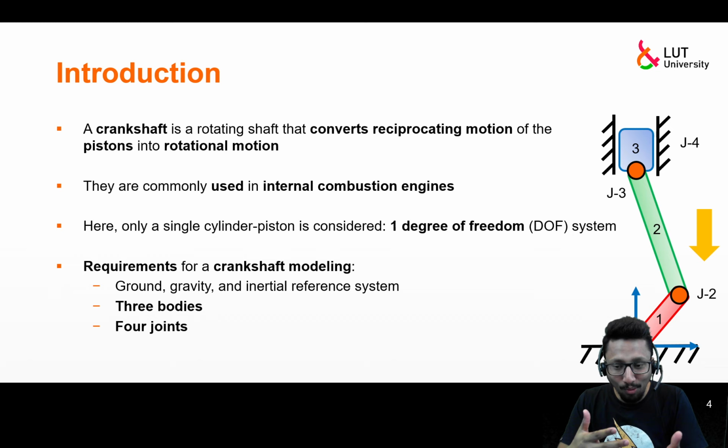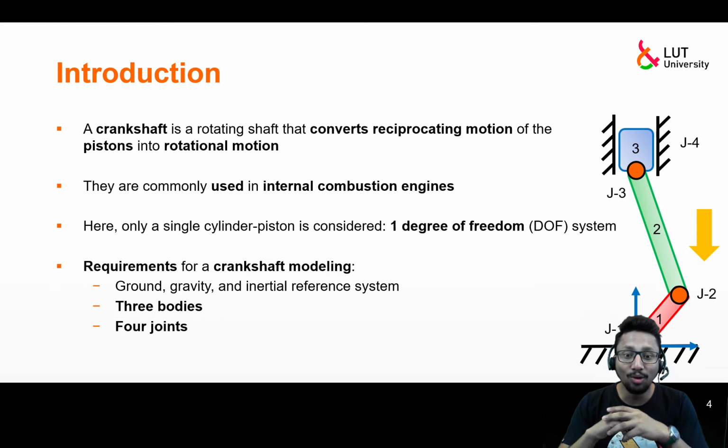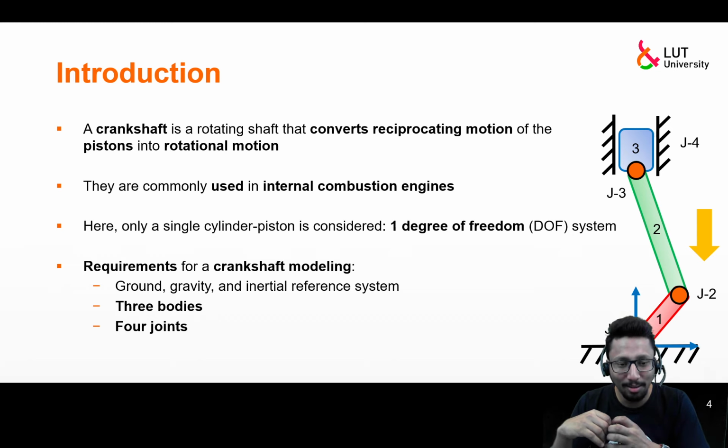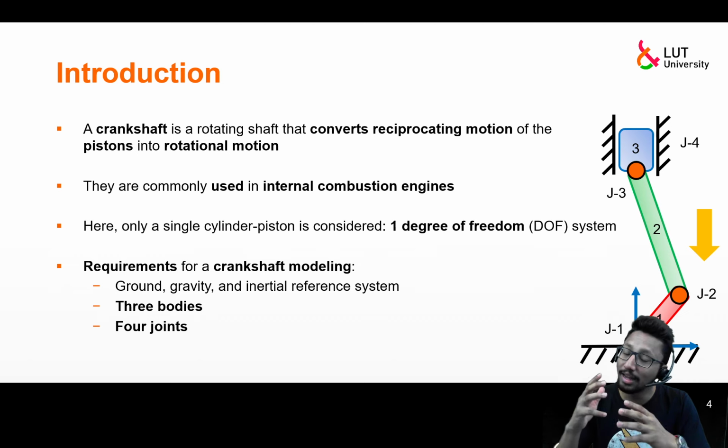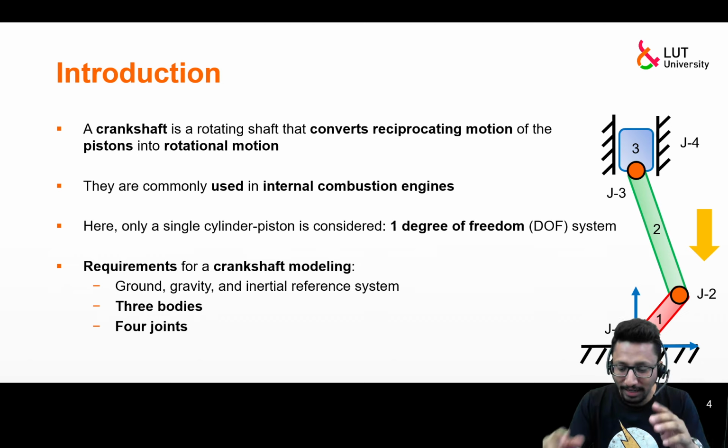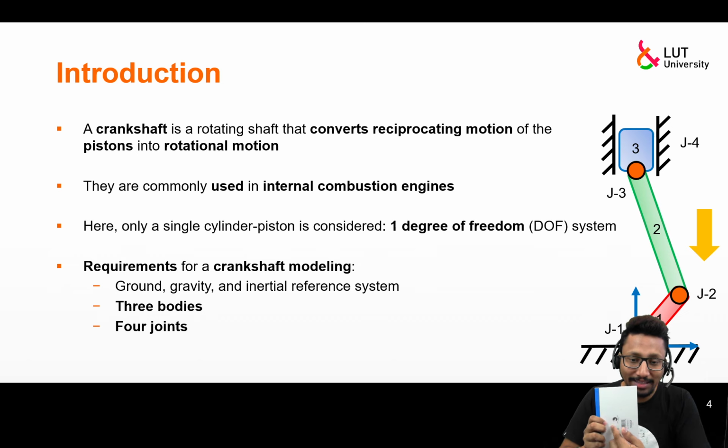But if you want to calculate the degree of freedom using mathematics, you know that in order to model any body in, let's say, 2 dimensions, you need 3 coordinates: the x-axis, the y-axis, and the rotation in that plane.